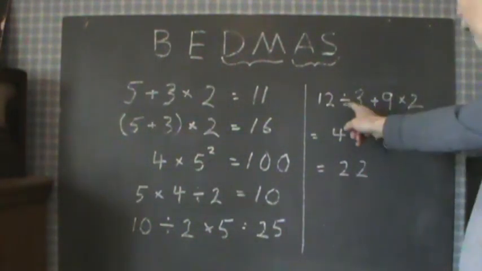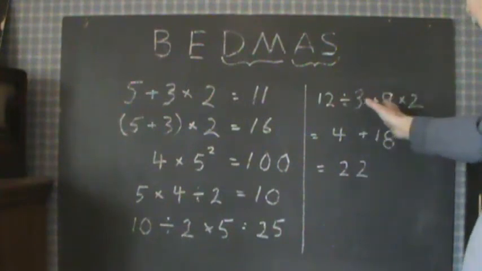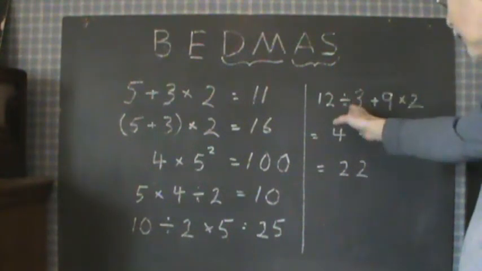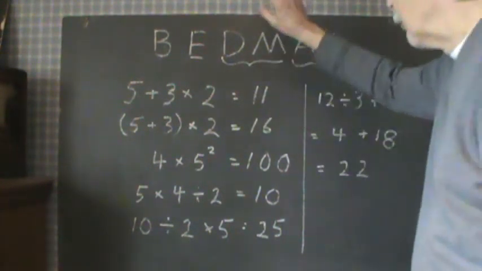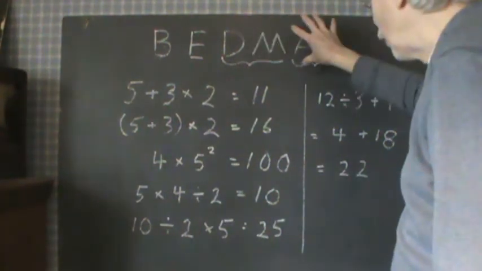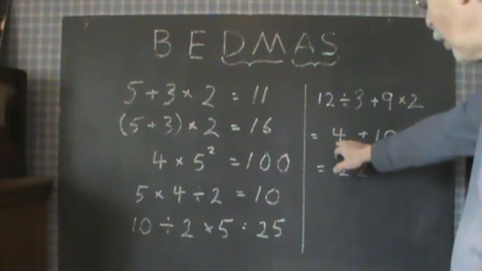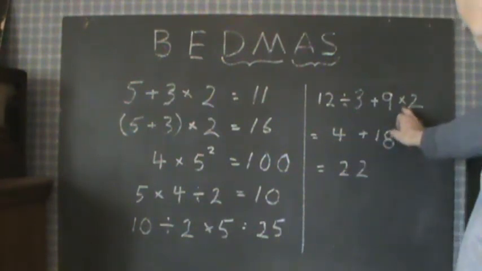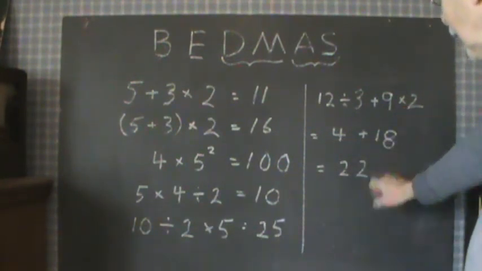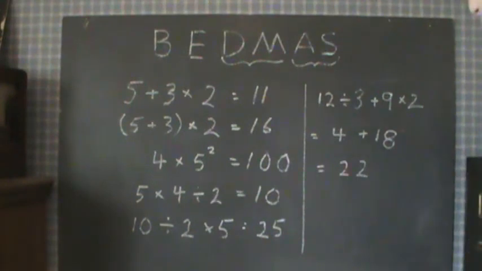This last example over here, you see I've got some adding, I've got some multiplying, and I've got some dividing. The multiplying and dividing come before the adding and subtracting. So this is a 4, this is 18, and we add them together for 22.